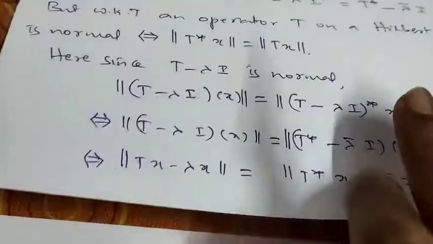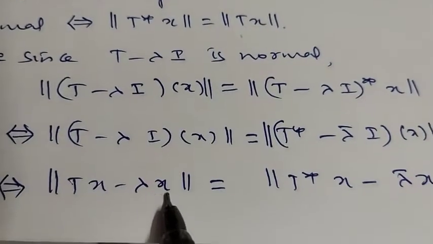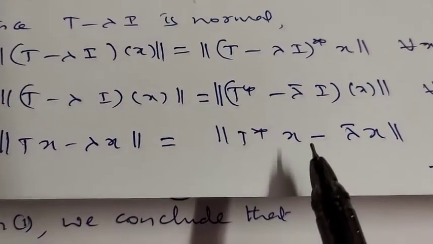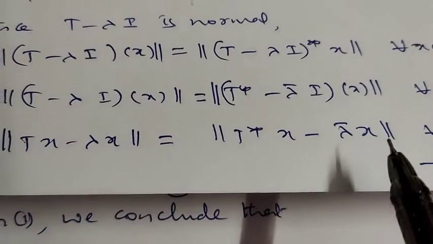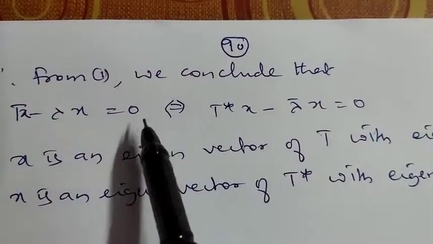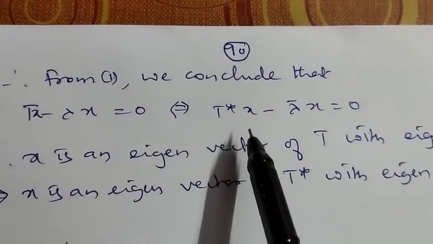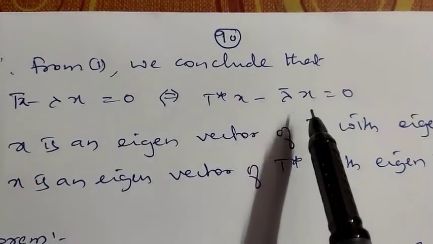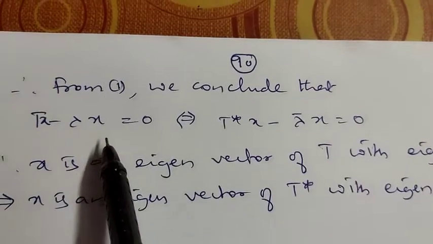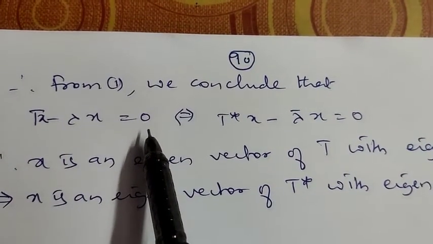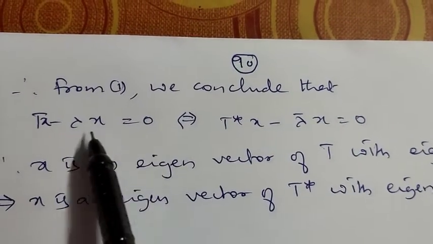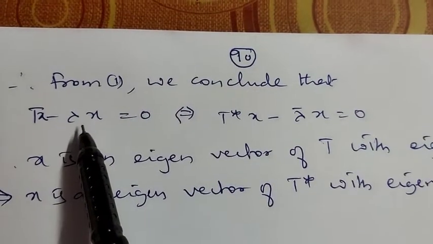Now from 1, we can conclude that T minus lambda I of x is 0 if and only if T star of x minus lambda bar x is 0. So we can say that T of x minus lambda x is 0 if and only if T star of x minus lambda bar x is 0. Now T of x minus lambda x is 0 means what? x is an eigenvector of T corresponding to eigenvalue lambda.